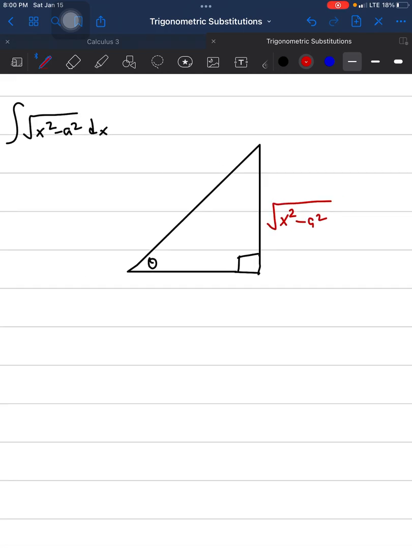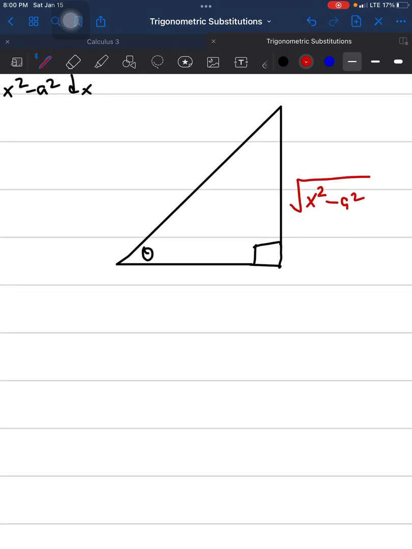In order to get this in a relationship so that it's x over a, we're going to need something that lets us put the hypotenuse over the adjacent side.